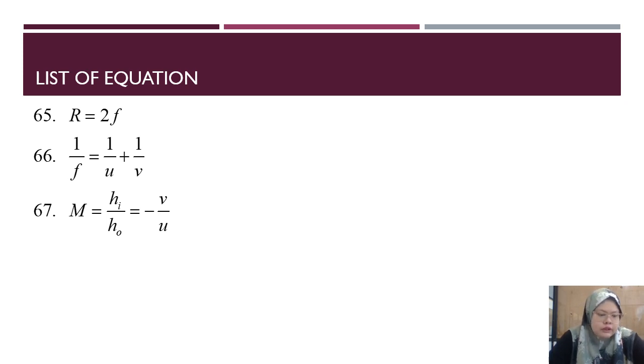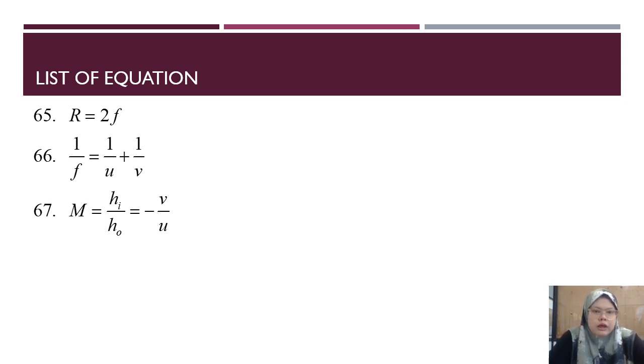Alright, so for the second equation, focal length. Saya dah mention dah tadi, focal length untuk concave is positive and then focal length for convex is negative. U is the distance of the object from the pole of the mirror. And then V is the distance of the image from the pole of the mirror.